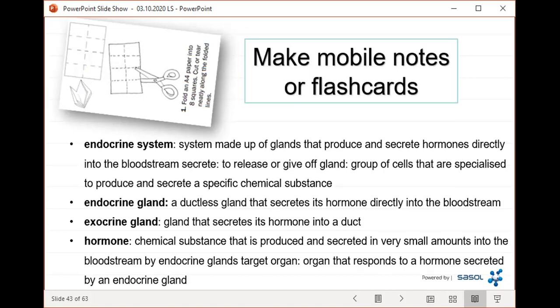Then a hormone is a chemical substance that is produced and secreted in very small amounts into the bloodstream by endocrine glands. Sorry guys, this was supposed to be a new term as well: target organ, that is the organ that responds to a hormone secreted by an endocrine gland.